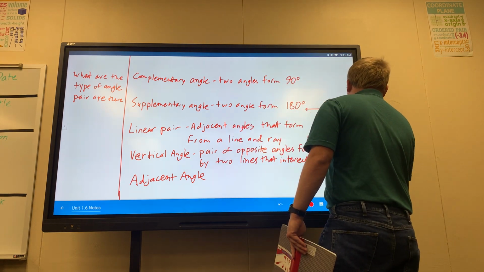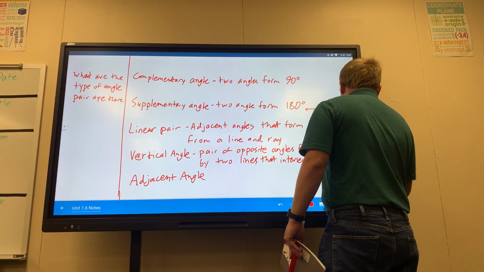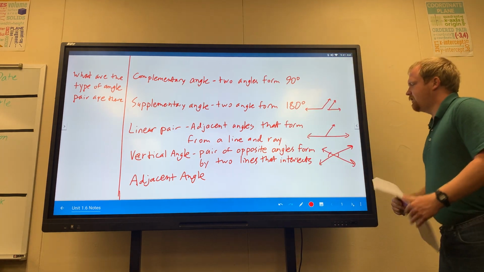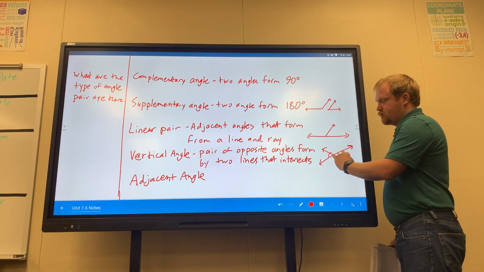So for example, if I draw two lines like this, opposite angles right here are going to be equal to each other.